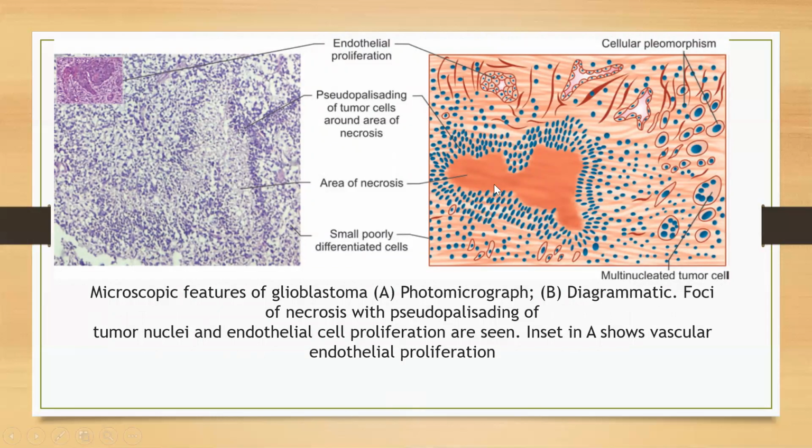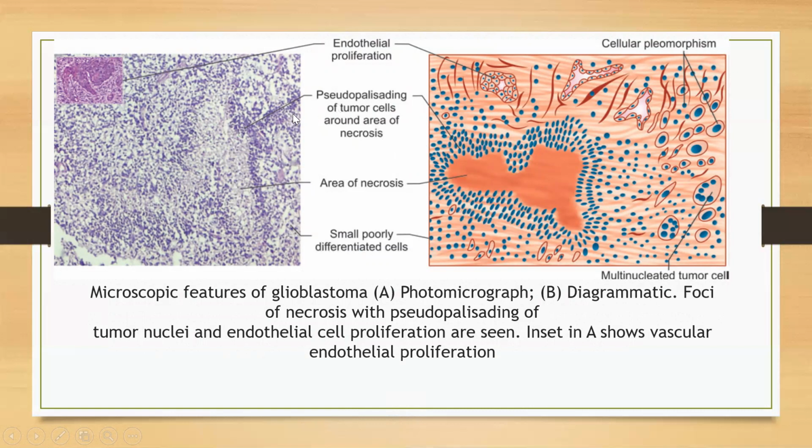So you can see an easy diagram. This is the area of necrosis. Small poorly differentiated tumor, areas of necrosis. Pseudopalisading of tumor cells around the area of necrosis.